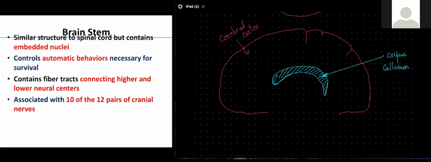Located deeper to the corpus callosum, we've seen the other part of the brain in here. This oval shaped structure is what we've called the thalamus.